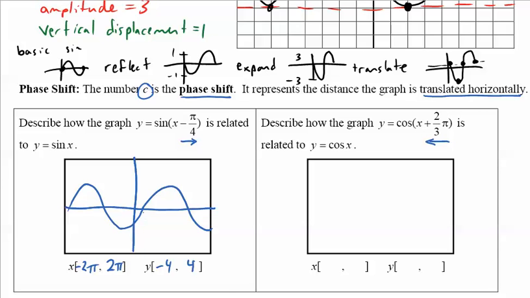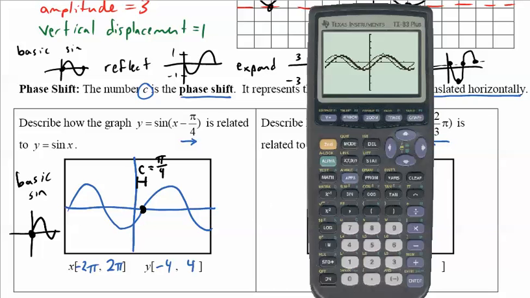And normally basic sine starts at 0, 0 and does one wave like this. But now the starting point has been moved over by a small amount. And that small amount that the starting point has been moved over is your C value. That's pi over 4. So that's the difference between these 2 points on the graph.